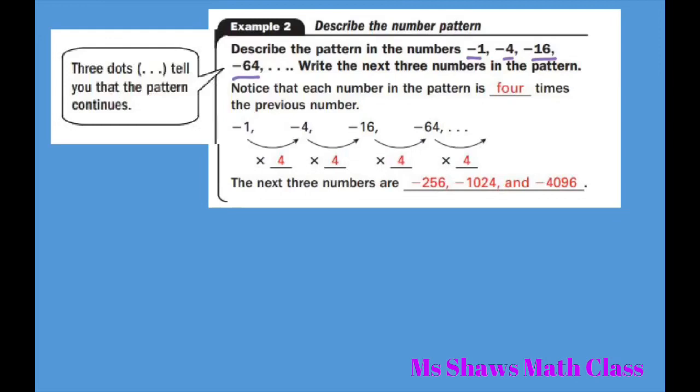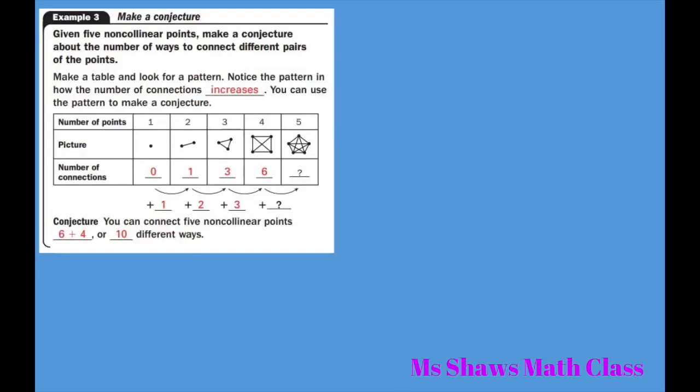So you figure out that it's times 4 each time, so we can do the next 3 numbers. Again, the 3 dots tell you that the pattern continues. So those are called ellipsis dots. Dot, dot, dot. Right.